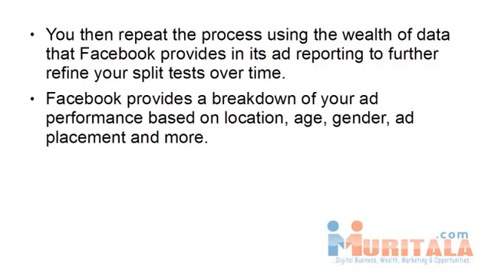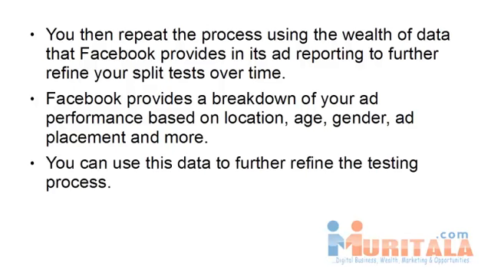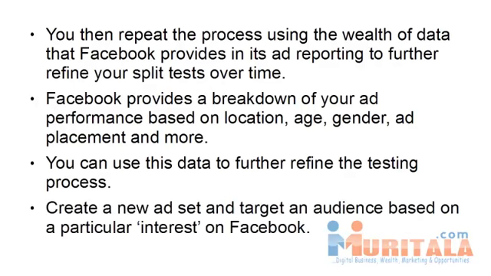Now, Facebook provides a breakdown of your ad performance based on location, age, gender, ad placement, and more. And you can use this data to further refine the testing process. So you can create a new ad set and then target an audience based on a particular interest on Facebook, for example.